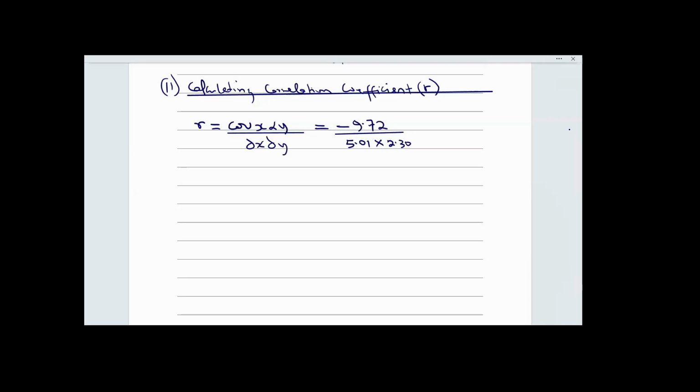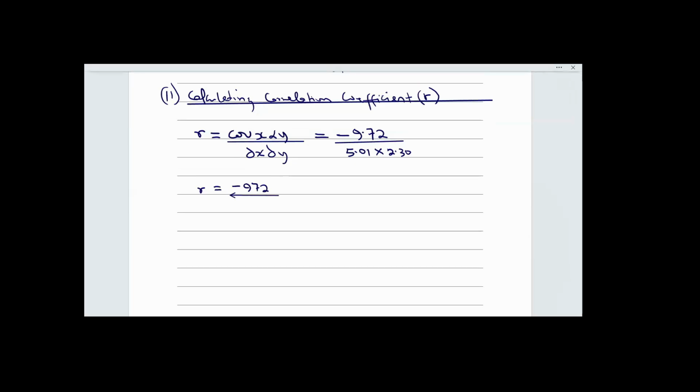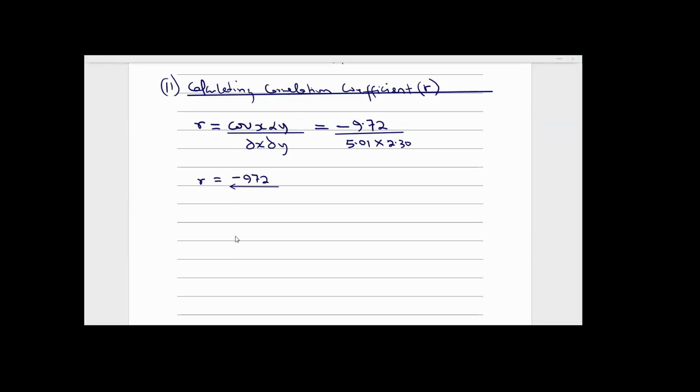Therefore, R equals minus 9.72 divided by 5.01 multiplied by 2.3, which is 11.523.